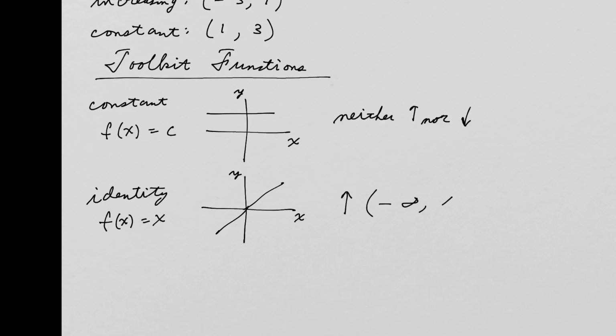The entire real number line. So from -infinity to infinity, it's increasing. Then we did, let me try and keep the same order, absolute value. So absolute value function. Remember that was f of x equals absolute value of x. Or we could also write it as a piecewise function, but I'll just write it like this for now. So that looked like this.